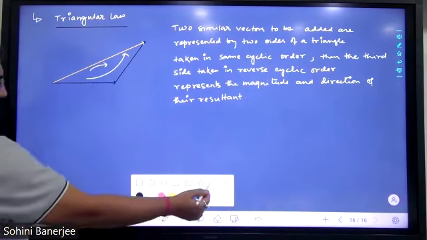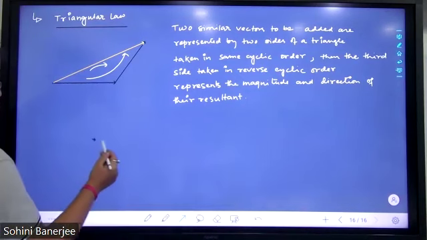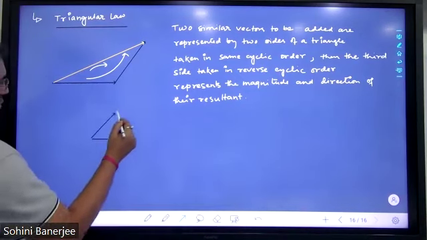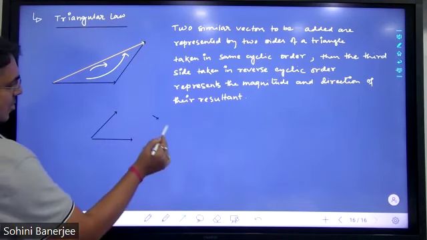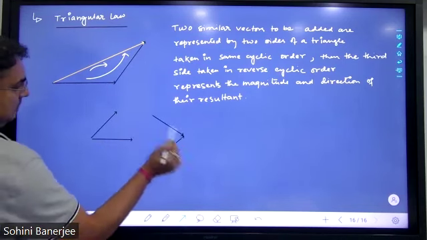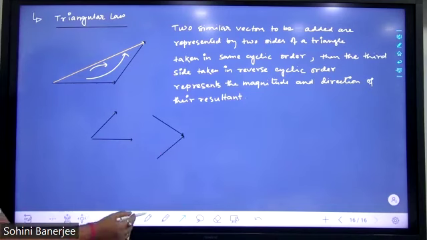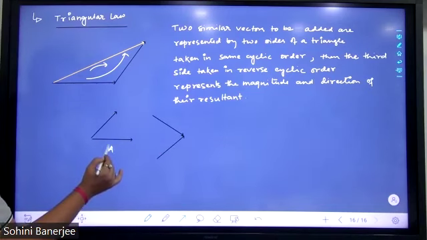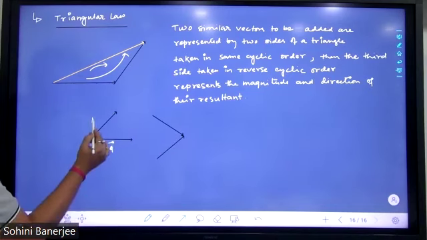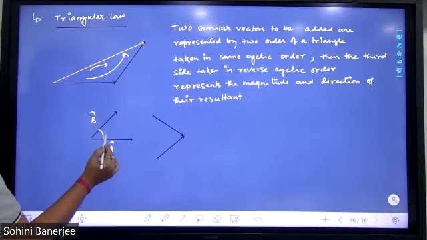Notice one thing. Say I draw two vectors, co-initial or co-terminal. So the angle between A and B is this angle.